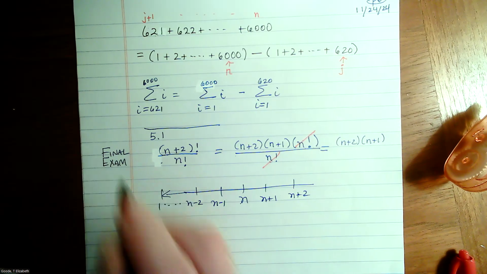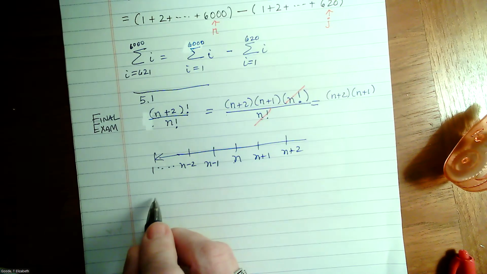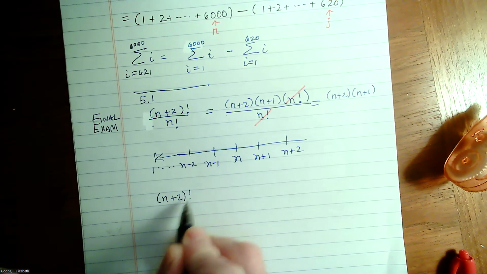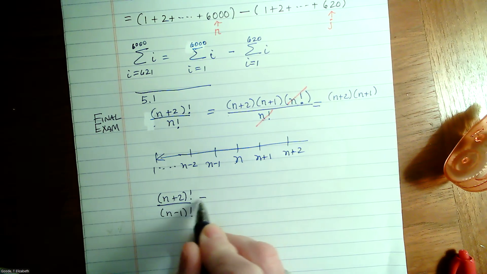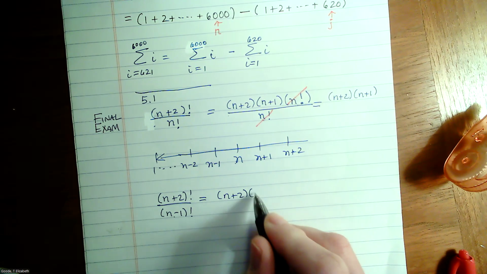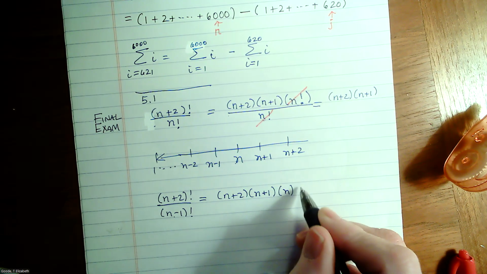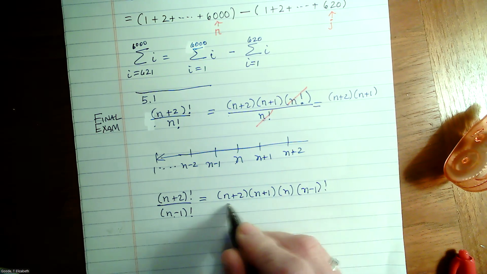If it's n plus 2 factorial over n minus 1 factorial, you would just keep expanding n plus 2 factorial until you see an n minus 1 factorial. And this question is n minus 1 factorial over n factorial.